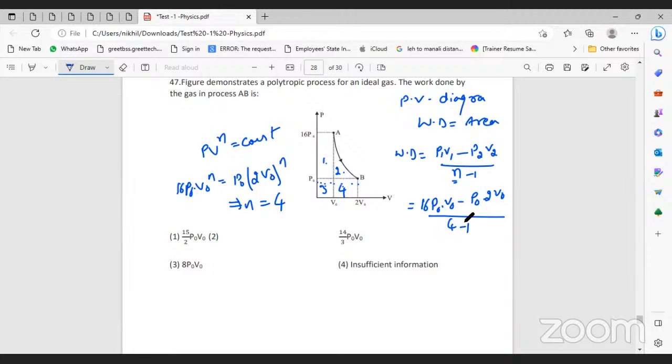On simplification of this, what you are going to get? You have to check that. 16 minus 2 will be 14 times of P0 V0 divided by 4 minus 1 equals 3. So option B is the right answer. So this is the work done by the gas in that polytropic process.